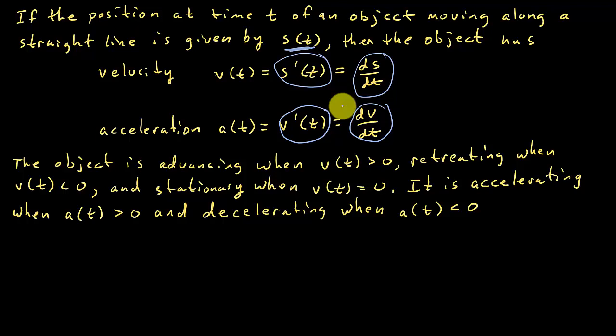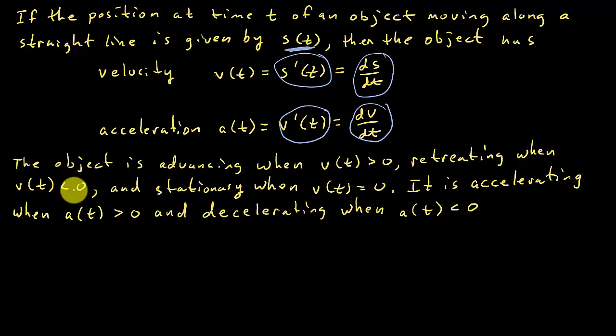So the derivative of the position function is velocity. That's the change in position. And the derivative of the velocity is acceleration. Acceleration, that's the change in velocity. So it says the object is advancing when v of t is positive and retreating when v of t is negative.